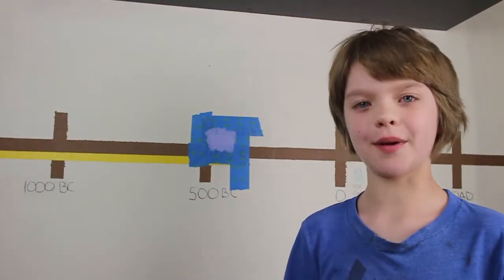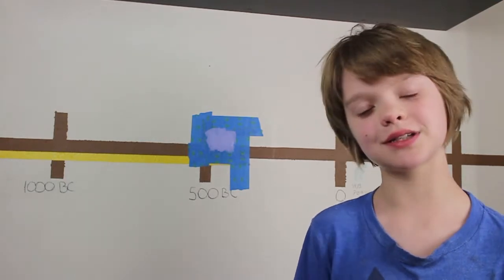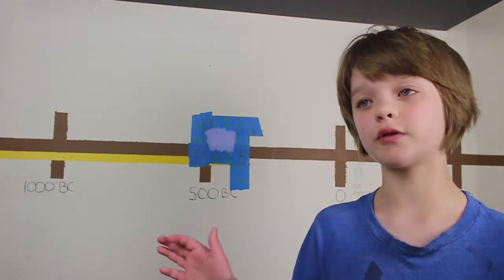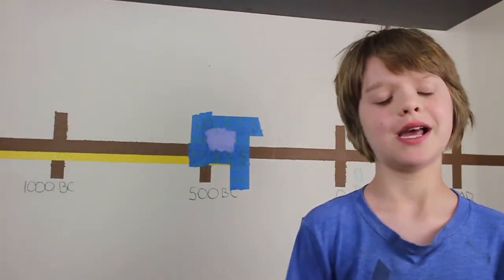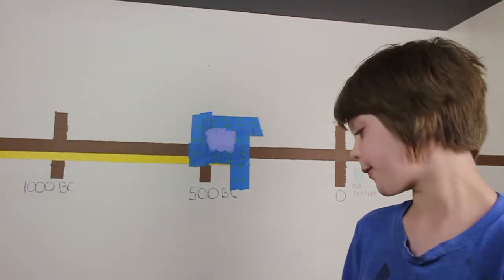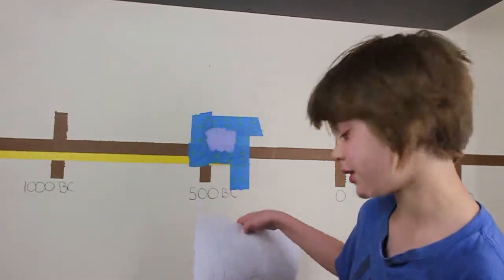And this is from the Battle of Thermopylae, which was where the Spartans used their knowledge of their terrain and stuff to slow down a huge giant Persian army to let the Greek army prepare and eventually win. So this is what was on the chalkboard. This is a rough sketch I did a few minutes ago.